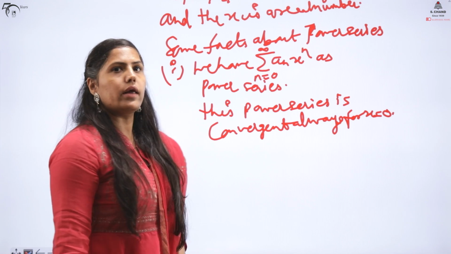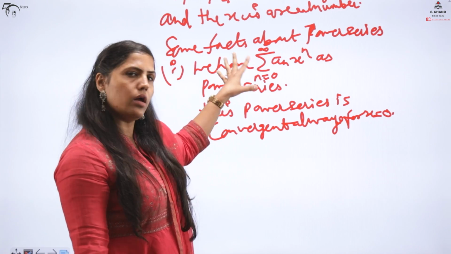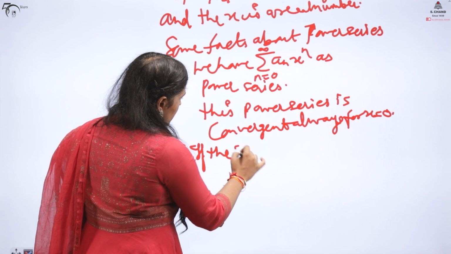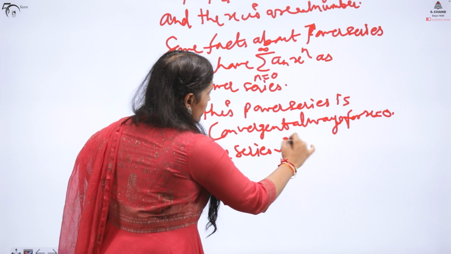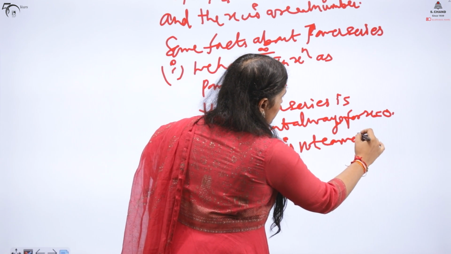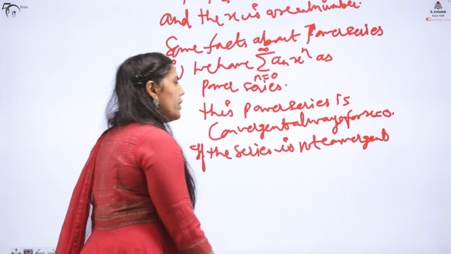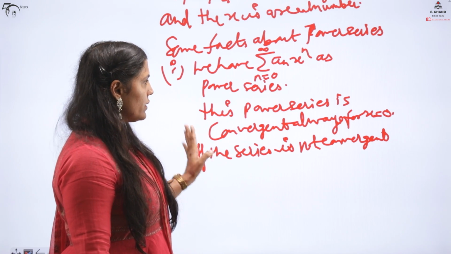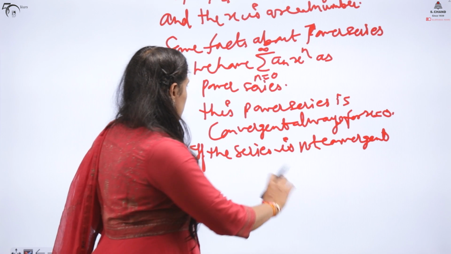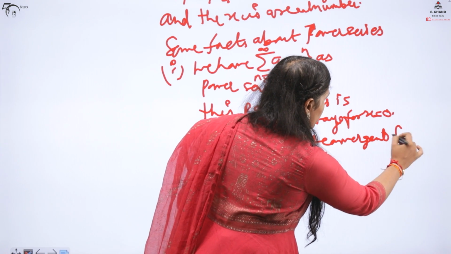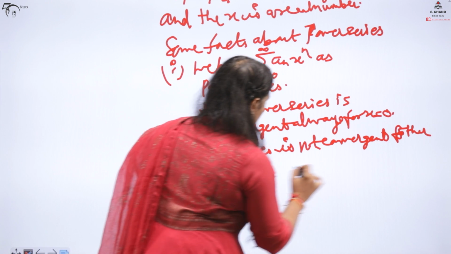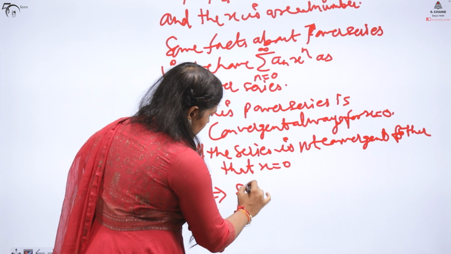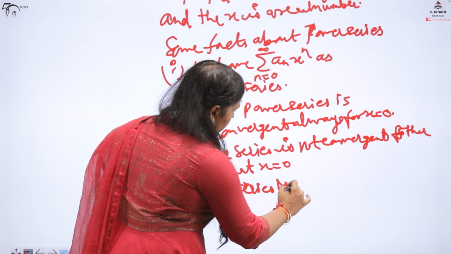This means for x equal to 0 it always converges. There is no condition at all. 101% it will be converging. If the series is not convergent for any x other than 0, suppose for x equal to 0 it will 100% converge, but in case you got to know that for x other than 0 it is not converging, we say the series is nowhere convergent.